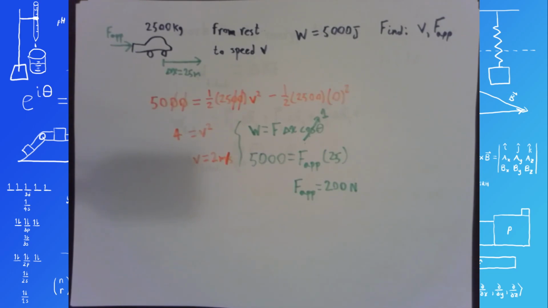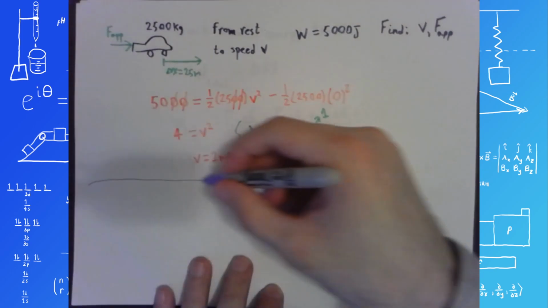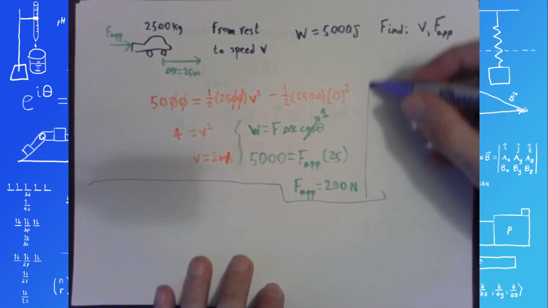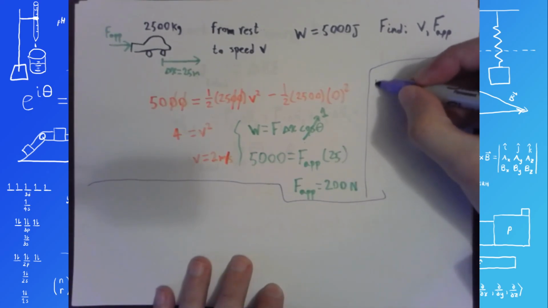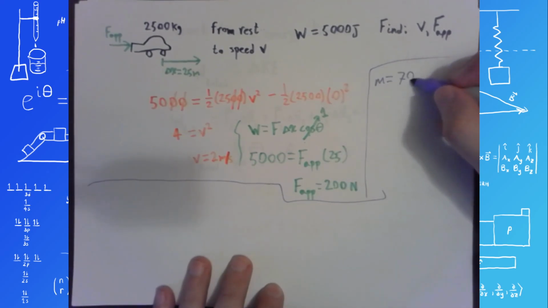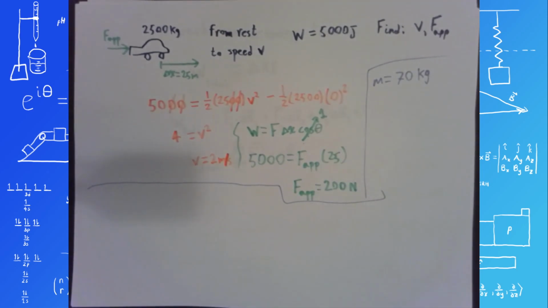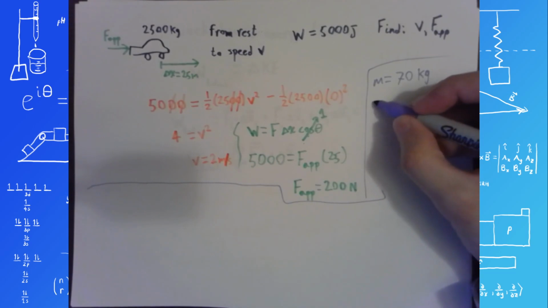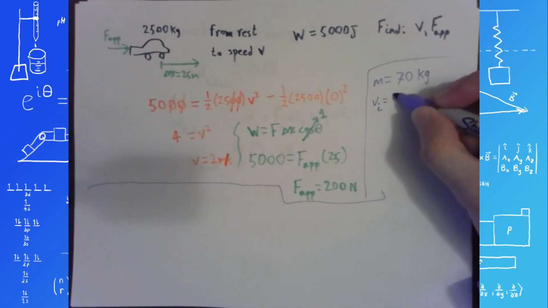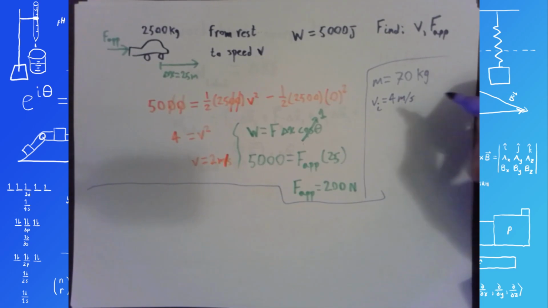So it says a 70 kilogram base runner begins his slide into second base, so we're talking about baseball here, when he is moving at a speed of 4 meters per second. So V initial equals 4 meters per second.